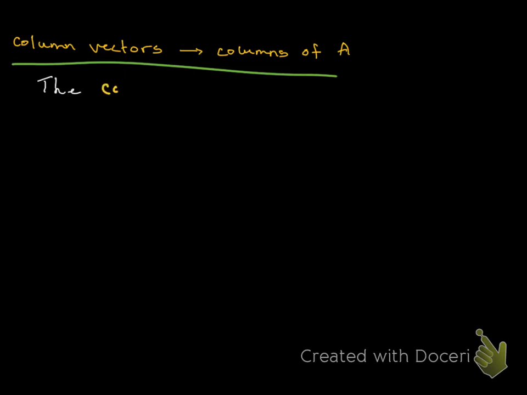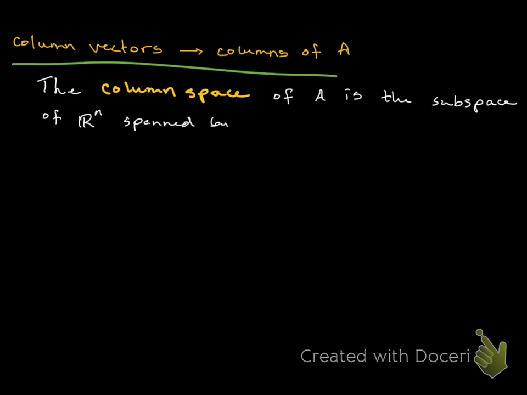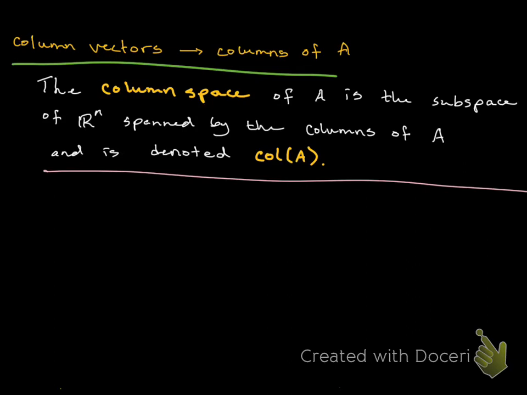The column space of A is the subspace of Rn spanned by the columns of A, and is denoted col A. Okay, so similar definition, but we're working kind of horizontally and vertically in one, and then the other.